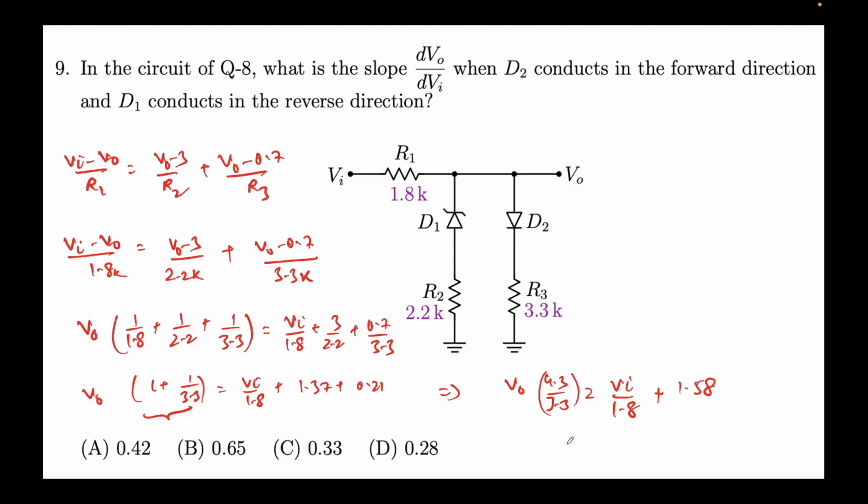Then 4.3 by 3.3 will come out to be 1.3. So this is 1.3 V0 equal to Vi by 1.8 plus 1.58.